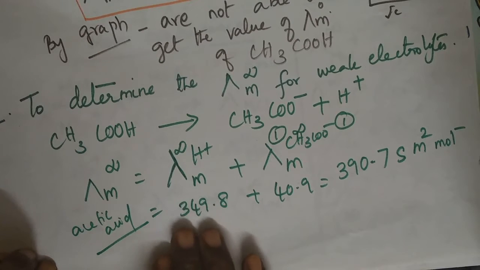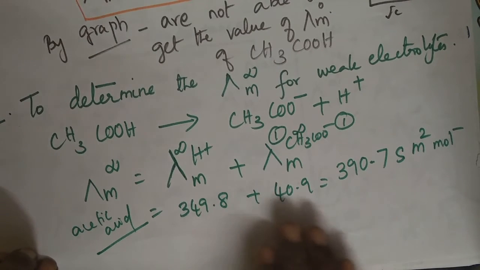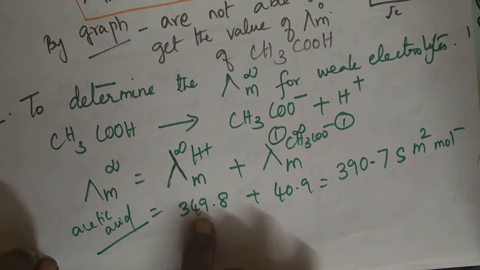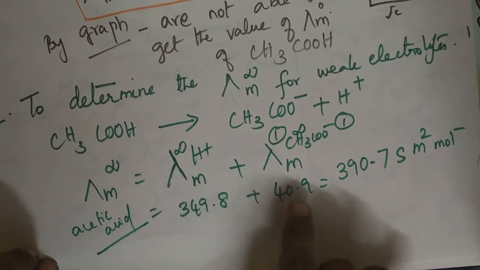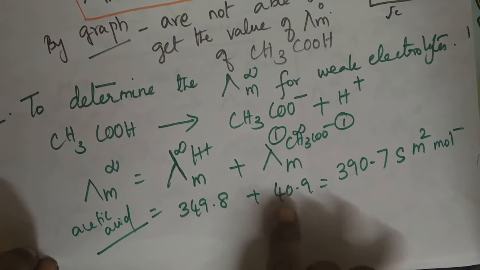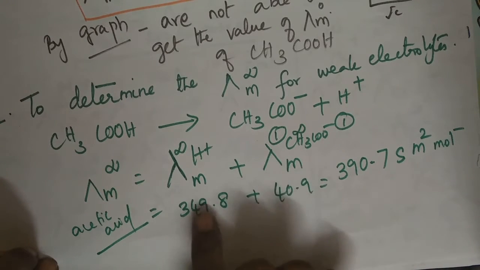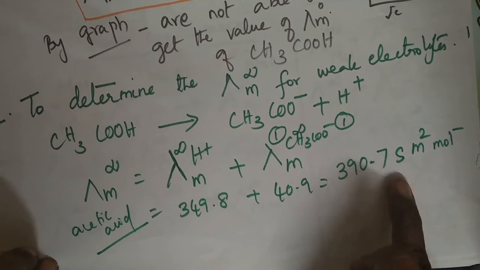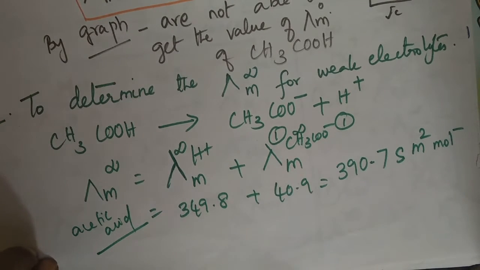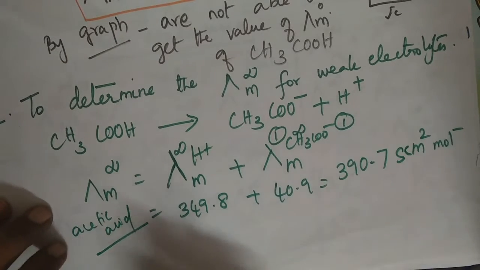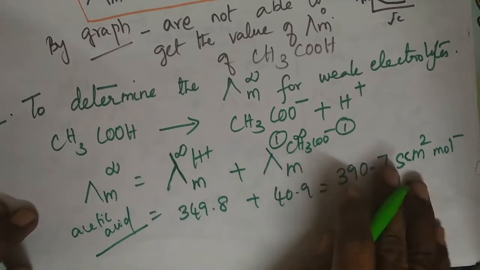The value for H plus is 349.8 and the molar conductance of the acetate ion at infinity is 40.9. When you add both, you get 390.7 Siemens cm square per mole. This is the answer.